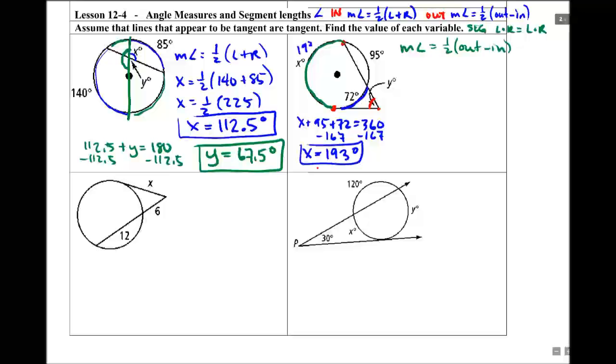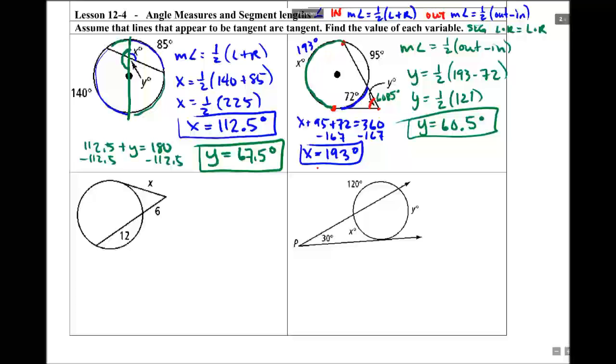So I know this is 193 degrees, and that's going to let me find my angle y. y is 1/2 of 193 minus 72, so that is 1/2 of 121 degrees, so 60.5 degrees.